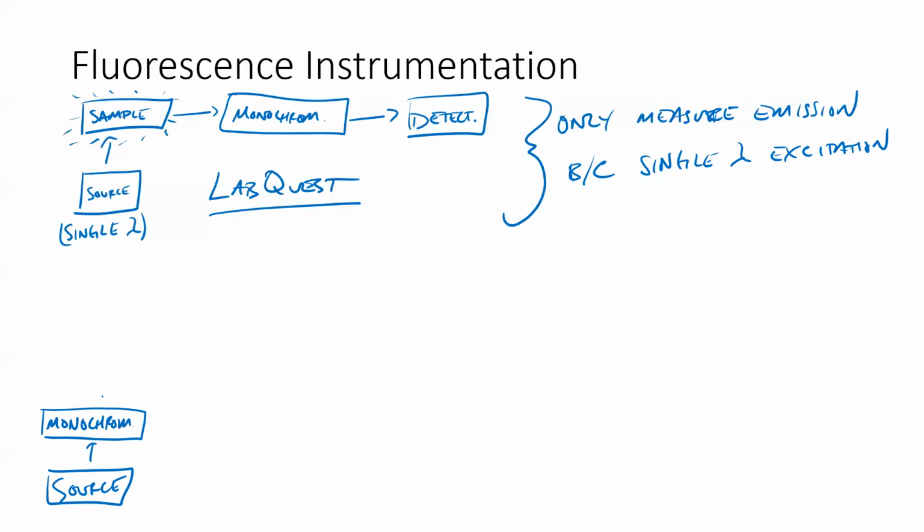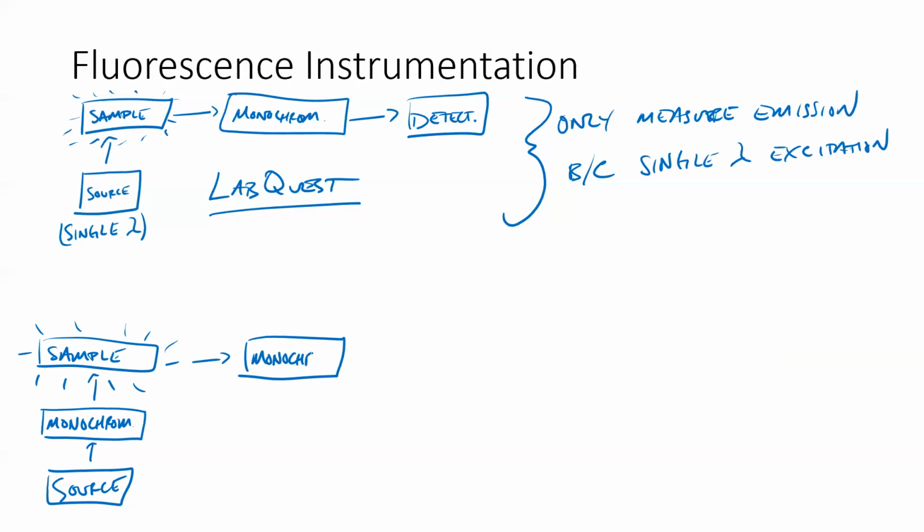So we have a monochromator here that then goes into our sample. And our sample gives off light in all directions. What do we call that? Isotropic. Very good. That light gets collected and focused into our monochromator and then to our detector. Now with dual monochromators, we can perform both an excitation and an emission experiment.